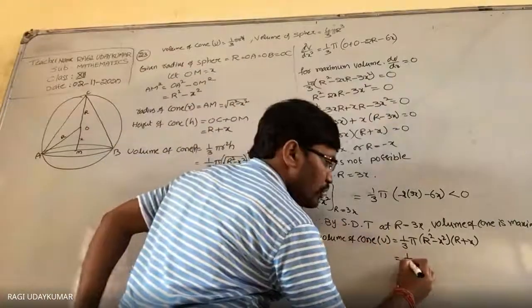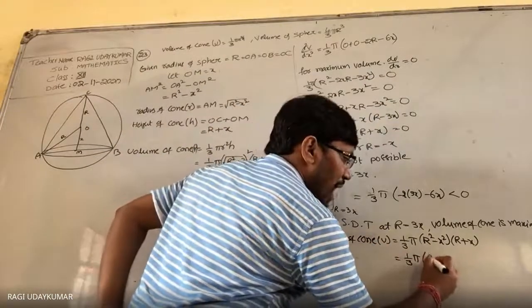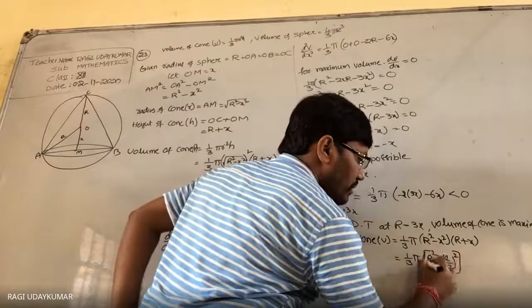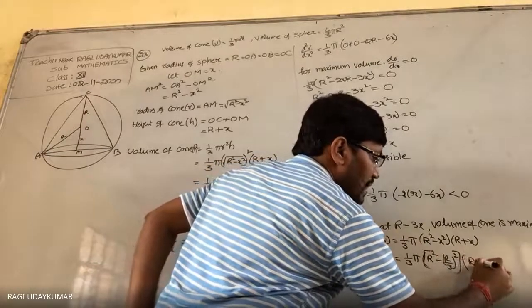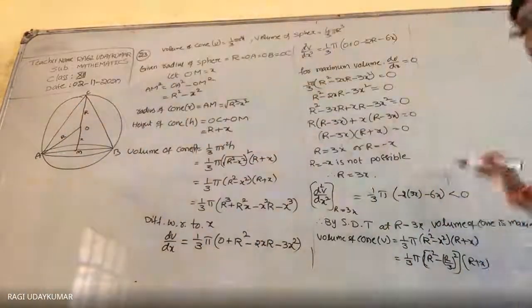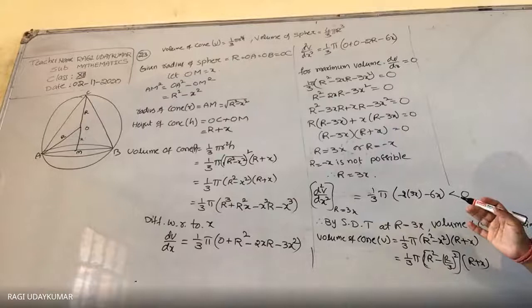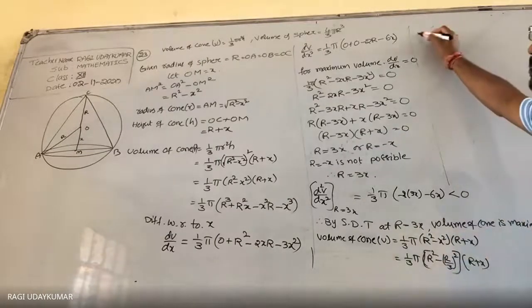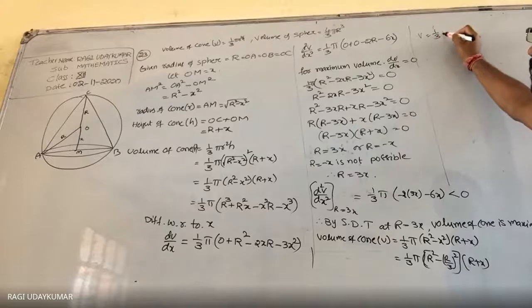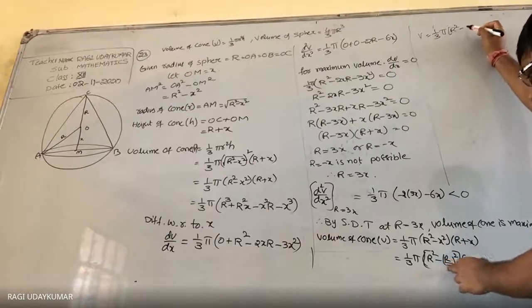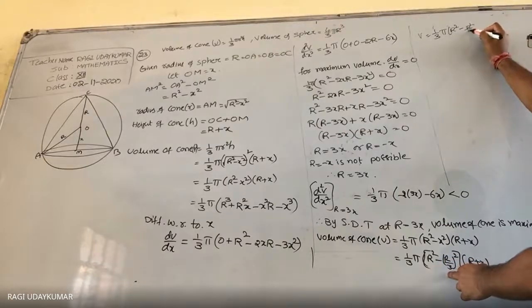So which is equal to 1 by 3 pi (R square minus (R by 3) whole square)(R plus x). I am going to write this simplification here. Is it visible to you? If I write this simplification, the volume is equal to 1 by 3 pi (R square minus R square by 9).